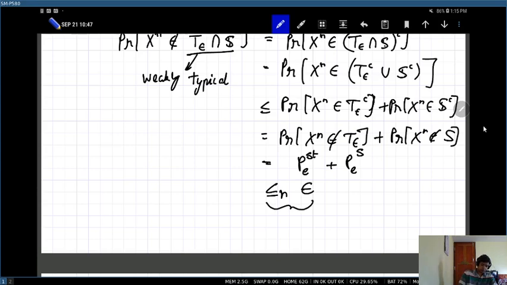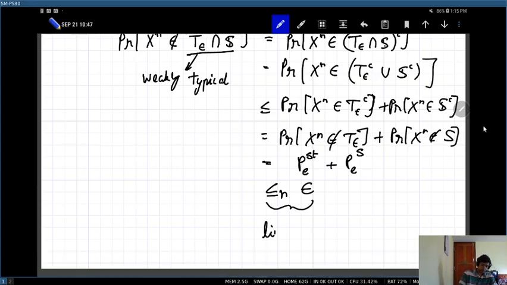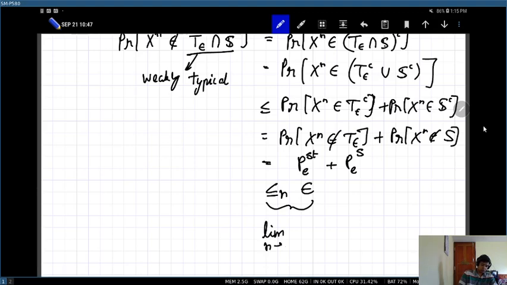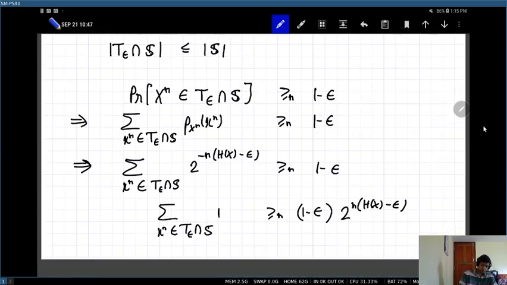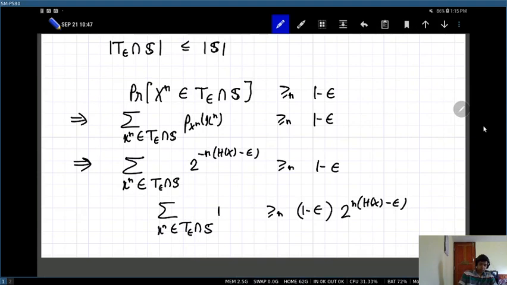So this means that the limit as n tends to infinity of the LHS is less than or equal to epsilon, right? So the probability that Xn is in T epsilon intersection S is greater than or equal to 1 minus epsilon for all sufficiently large n.